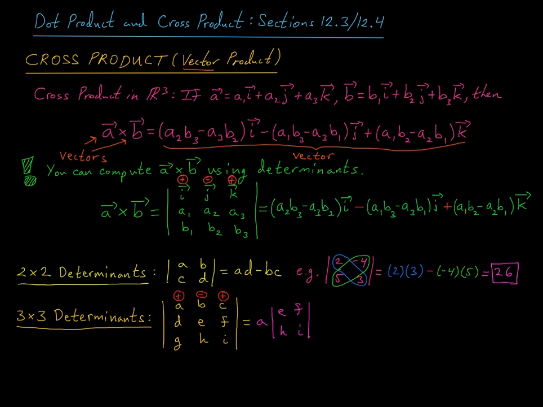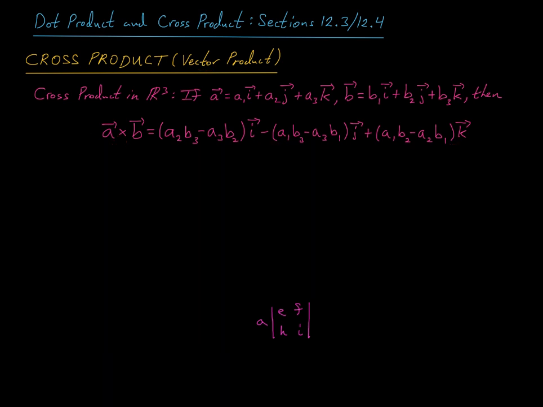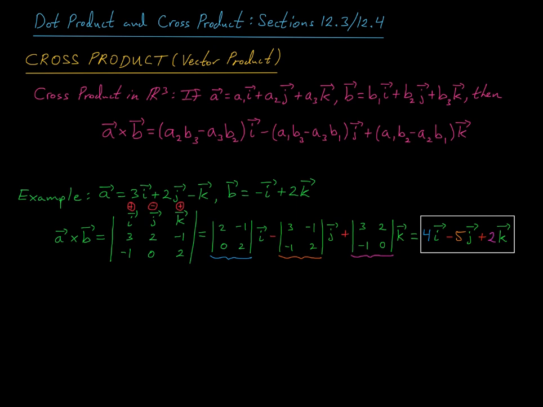Okay, so I'm going to make a little space here. And so let's go ahead and compute this cross product. So let's say A is the vector 3i plus 2j minus k, and B is the vector negative i plus 2k.